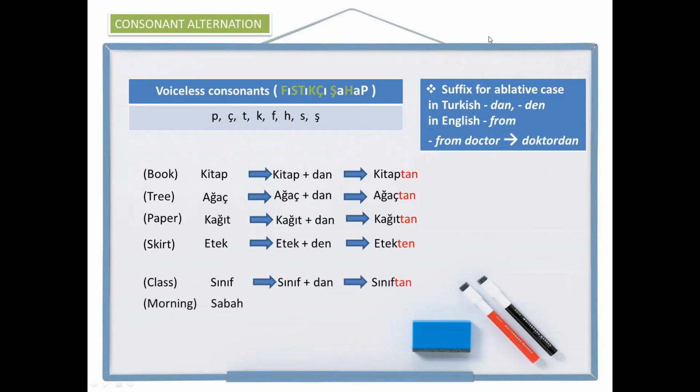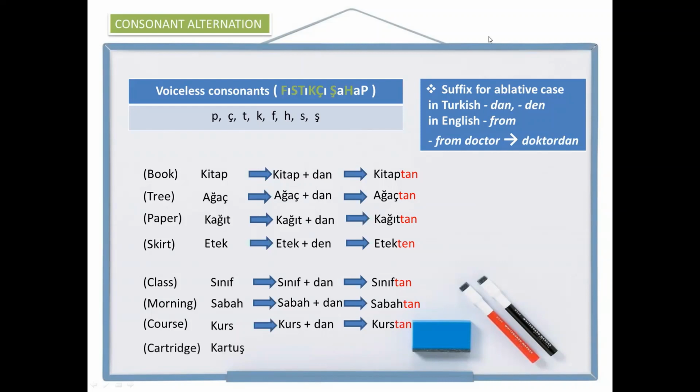Sabah, which means morning. I want to say from morning, sabahdan. But H is a voiceless consonant, so it's going to be sabahtan. Kurs means course. I want to say from course, kursdan. S is a voiceless consonant, so it needs to be kurstan.